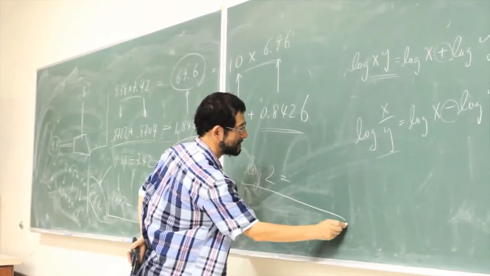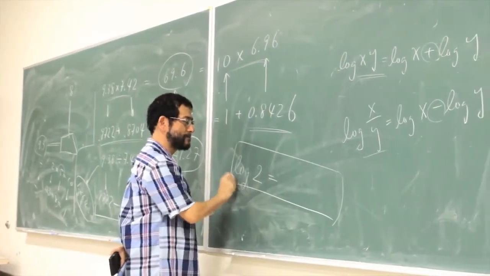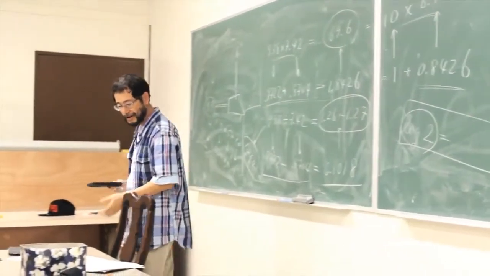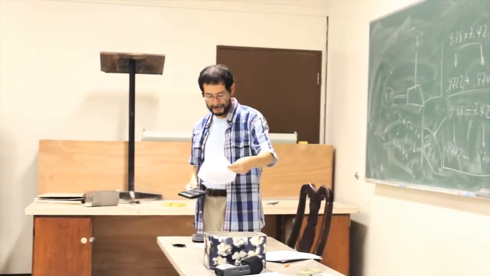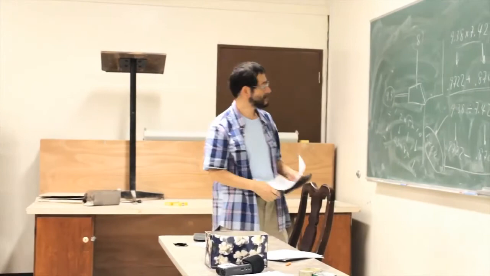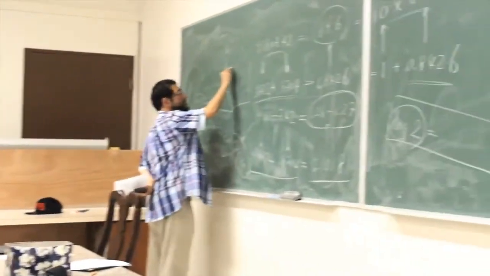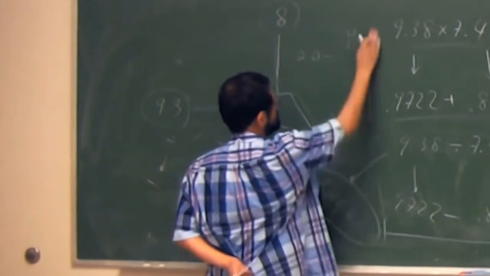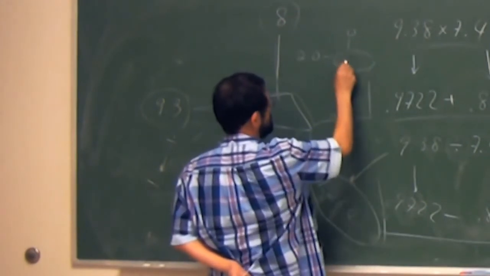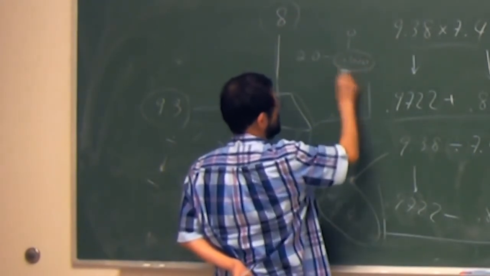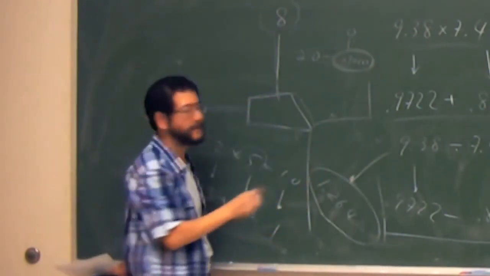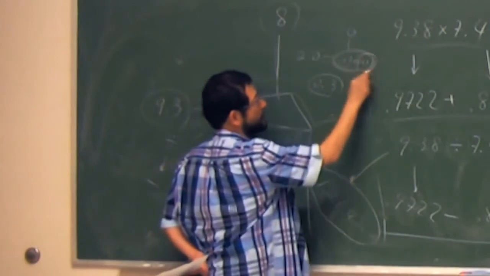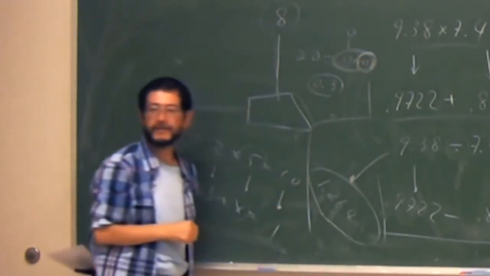Nowadays, you can get a nice value of log 2 just by putting this in, or even a 3-digit one. What is this value? Remember what I got a minute ago, just 0.3, right? Why do you have this extra thing?